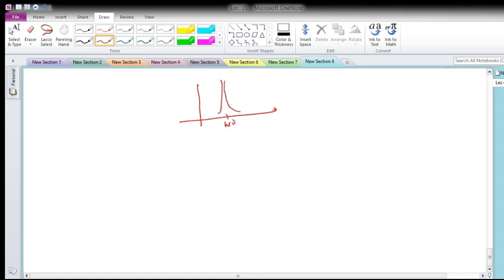Similarly, for the zeros, the magnitude will be 0, and the angle contribution is plus 180 degrees. This situation happens when the poles or zeros lie on the imaginary axis.